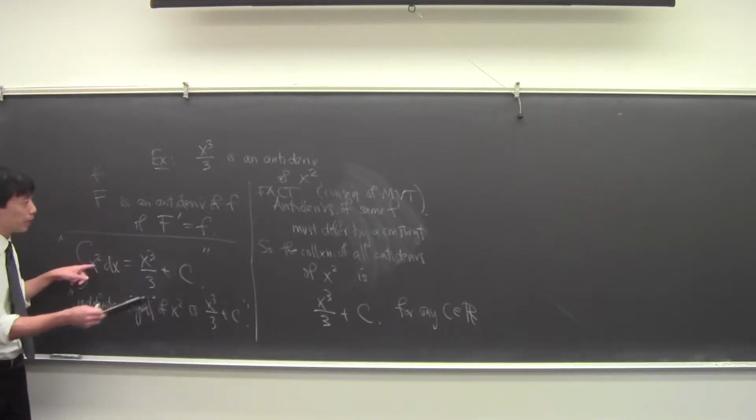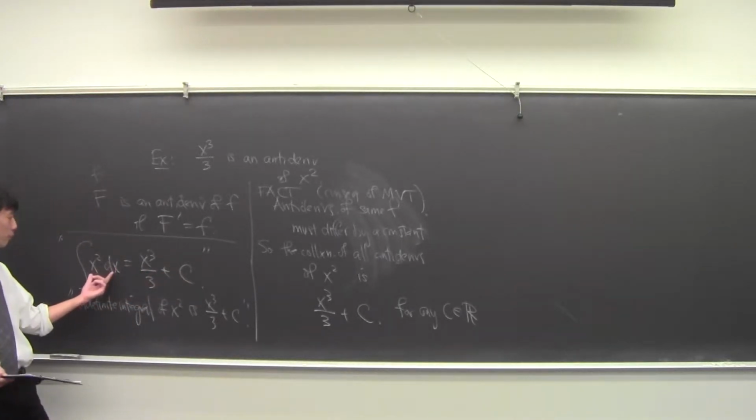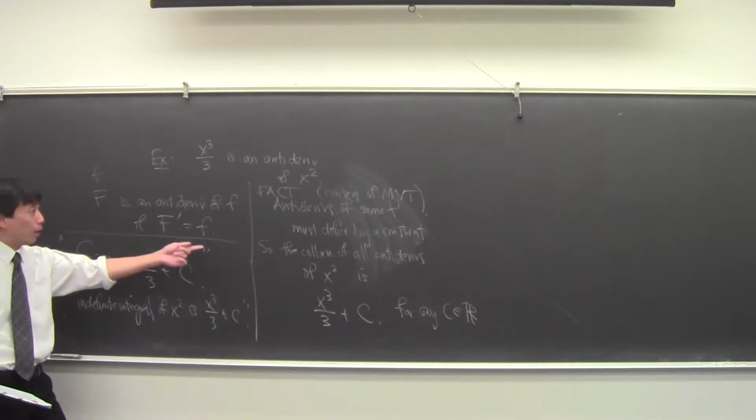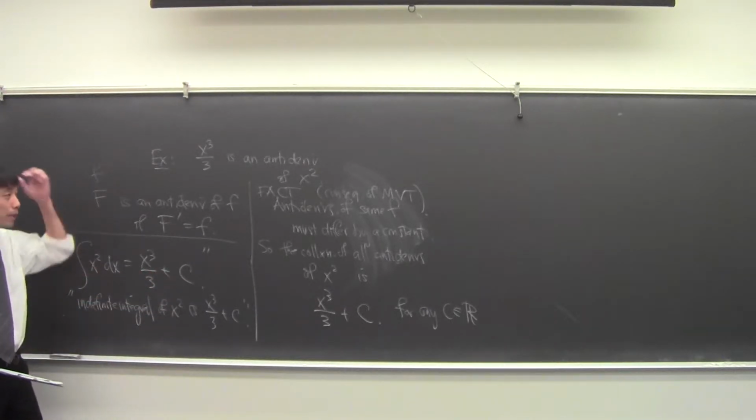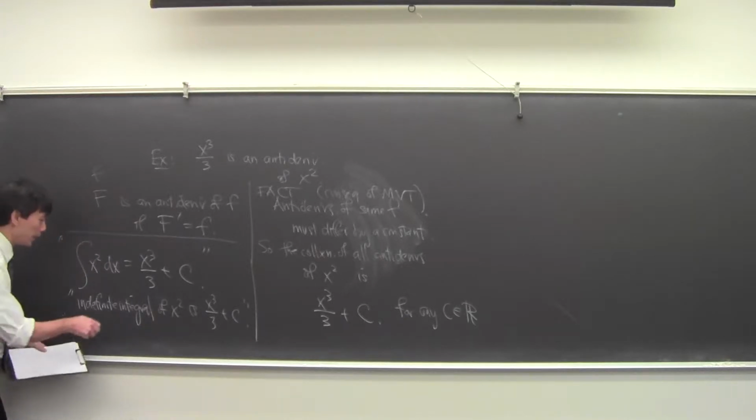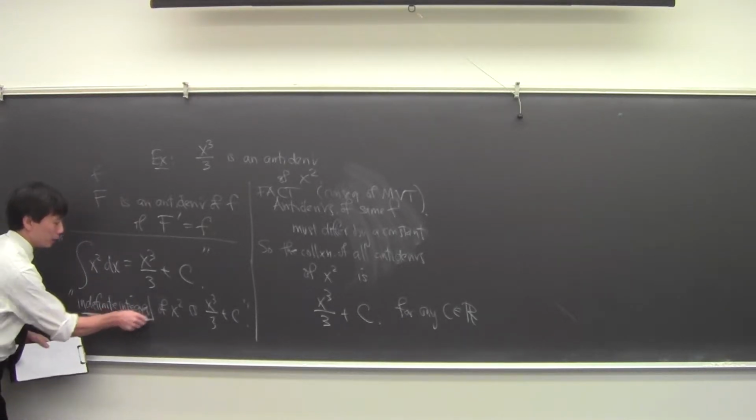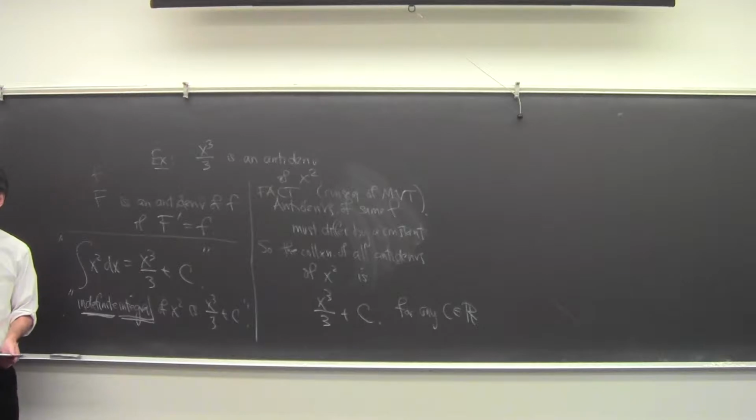What this thing is shorthand for is saying exactly that the collection of all antiderivatives is this. Okay, that's what this is. So that's the indefinite integral. Okay, everybody all right? Anybody have questions? Any other questions?